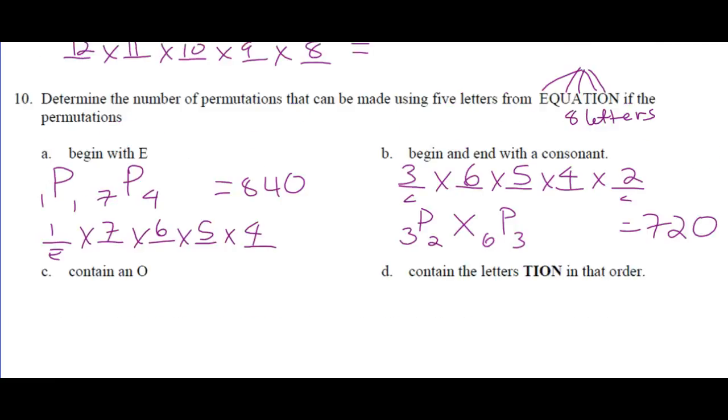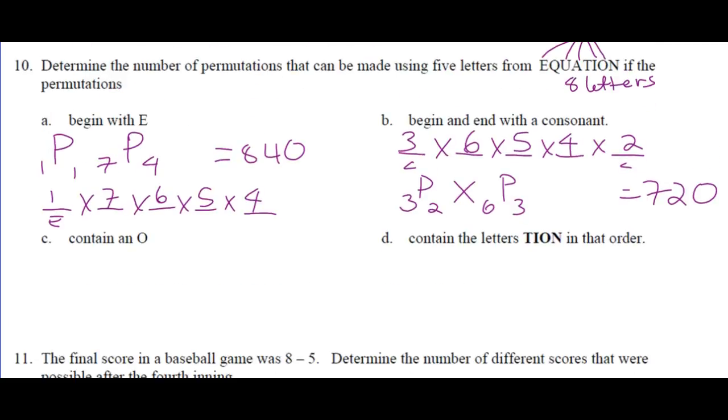If we were doing this without restriction, just 5 letters from a set of 8, so 8P5, right? That's all the arrangements. 8P5 minus, okay, how many 5-letter arrangements don't contain an O? Right? Because we want all the arrangements minus the ones that don't contain an O.